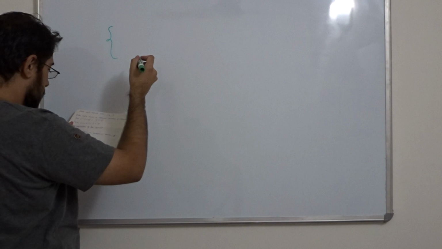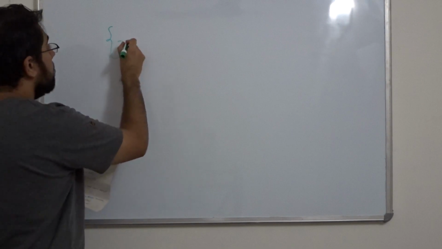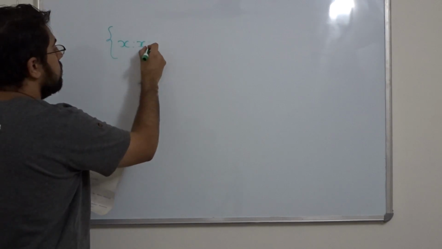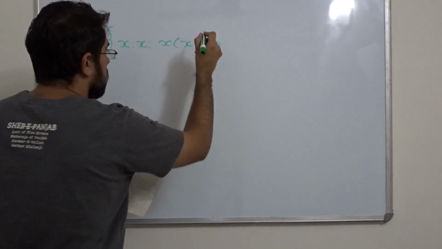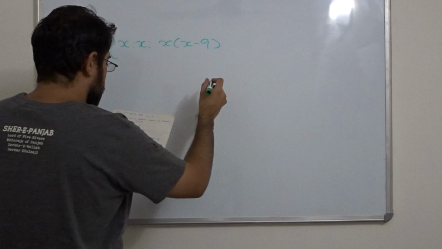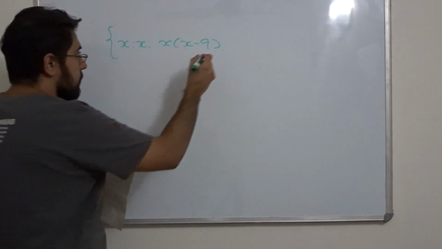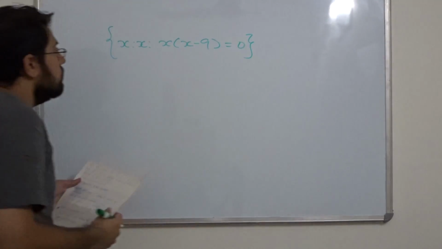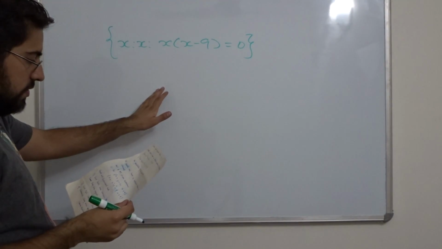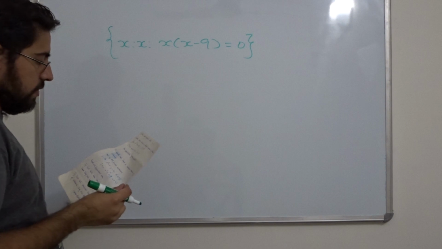So let's say, okay, this is it: x times (x minus 9) equals 0.